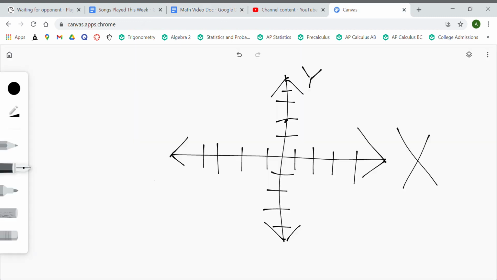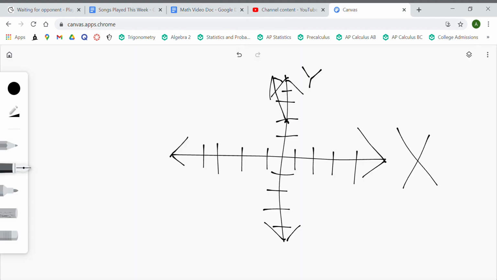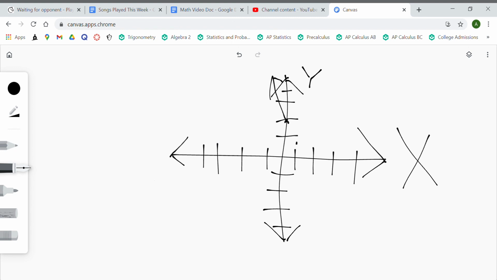Multiplied by 2, and well, we're headed away from the graph. And then 1/4 to the power of 1 is 1/4. Multiplied by 2 to get 1/2. 1/4 to the power of 2 is 1/16. Multiplied by 2 to get 1/8.